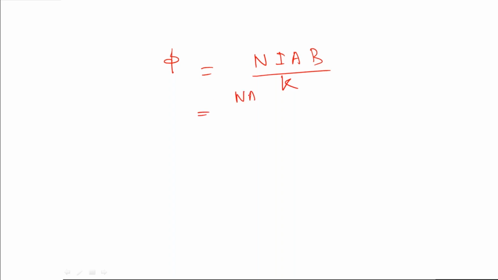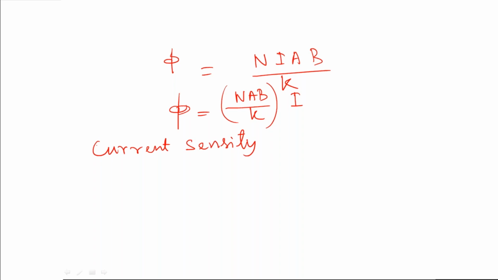This is called current sensitivity, that means how small a current it can detect. This is also the limitation of the ammeter: below this much current, the galvanometer or ammeter cannot sense. That's why it is called current sensitivity.